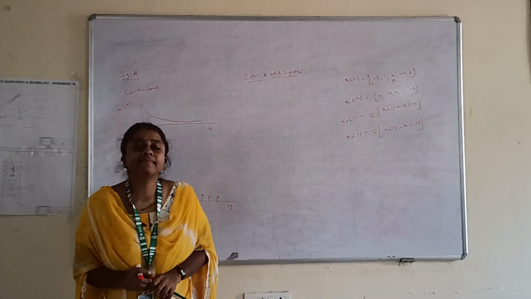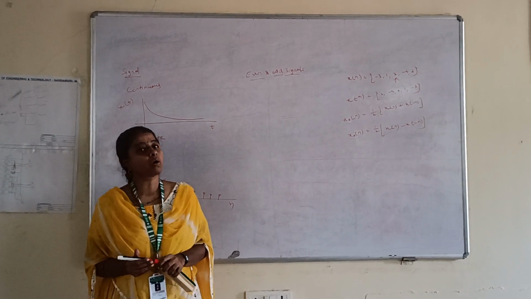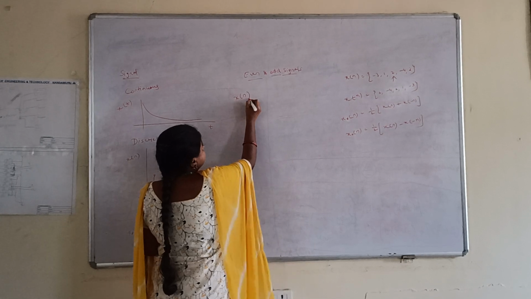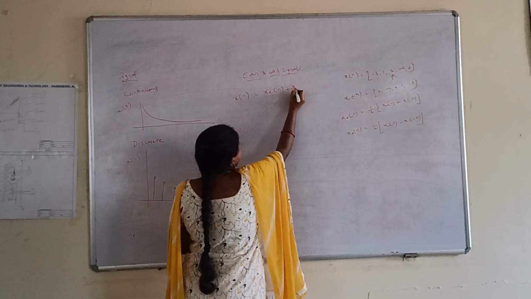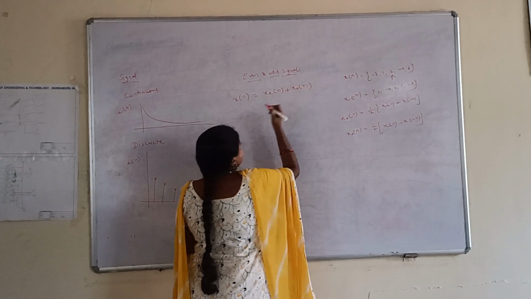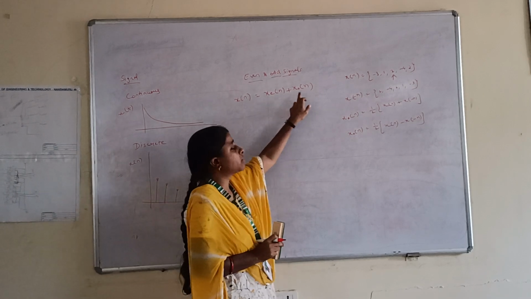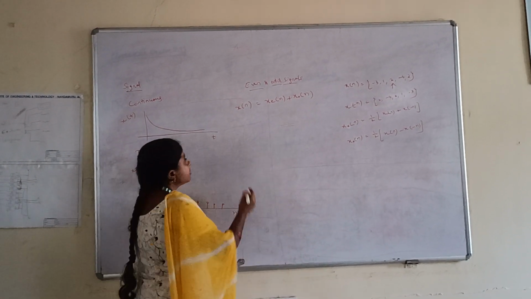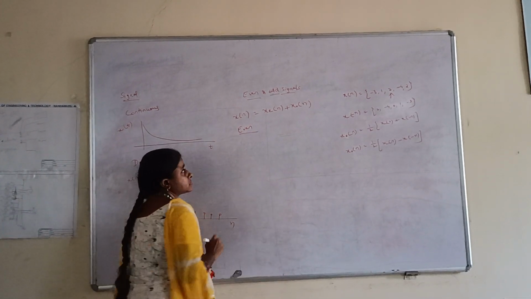Generally any signal is a combination of both an even component as well as an odd component. So here we can write: x of n, if you take a signal, is the combination of both an even signal and an odd signal. Xe of n represents the even component of the signal and Xo of n represents the odd component of the signal. Now let us talk about what is meant by an even signal.